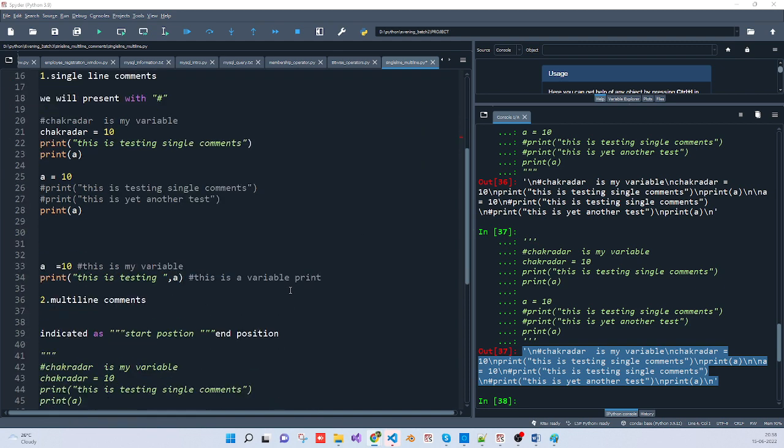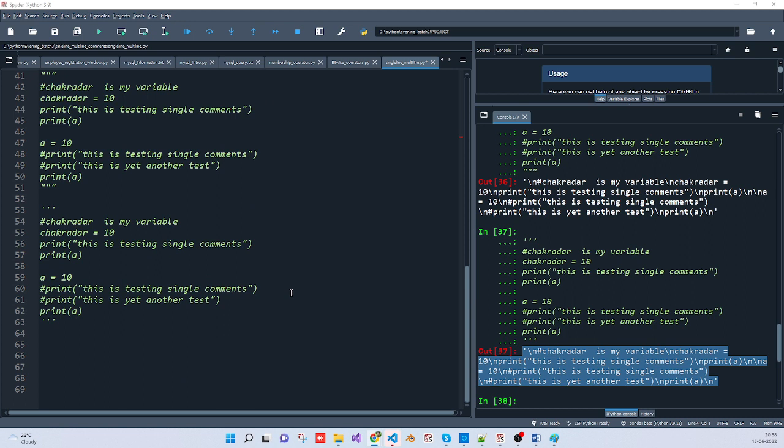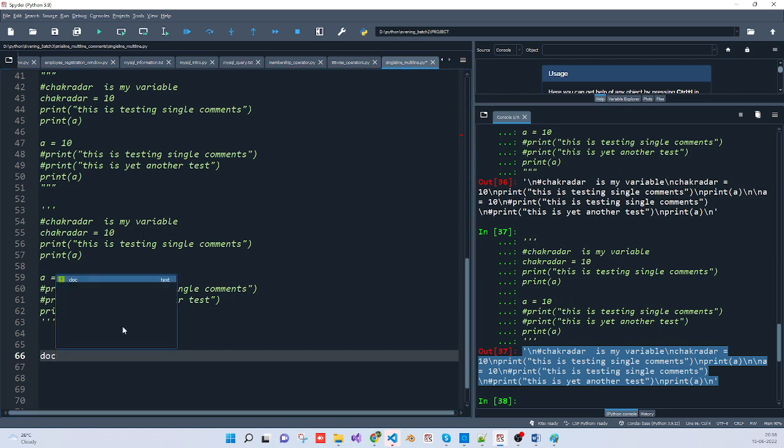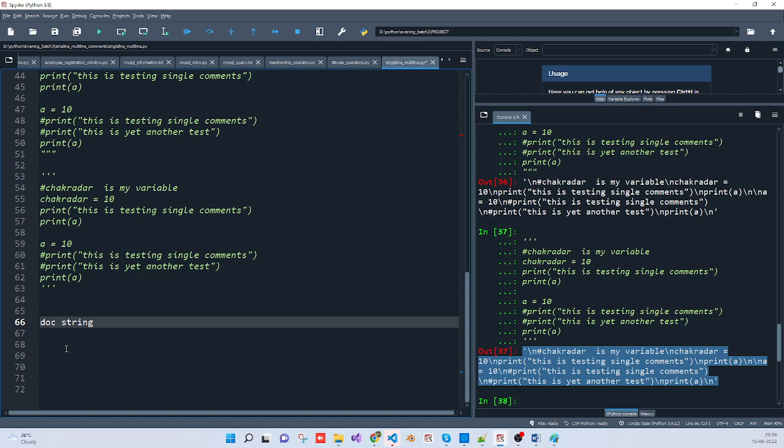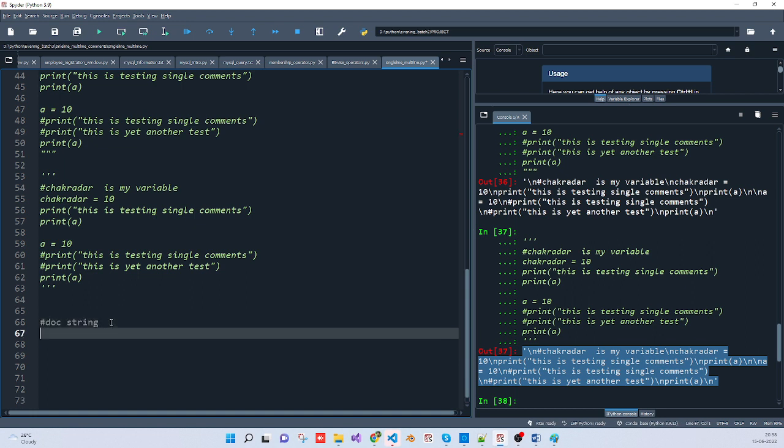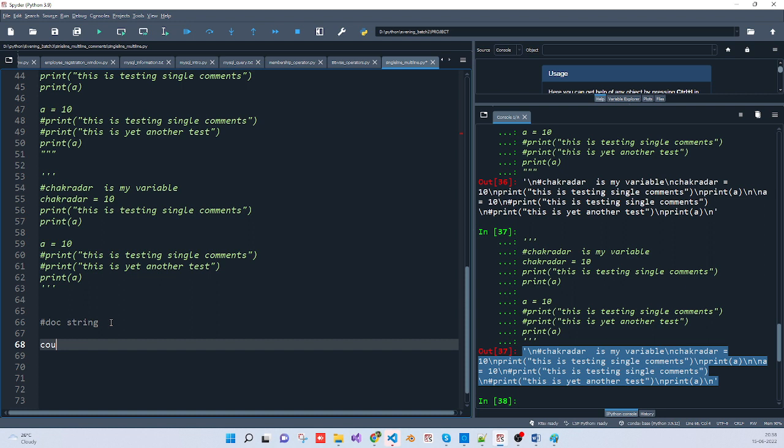Yeah, this is about single line comments and multi-line comments. There is one more thing called a docstring. Docstring stands for documentation string. Why do we use this?